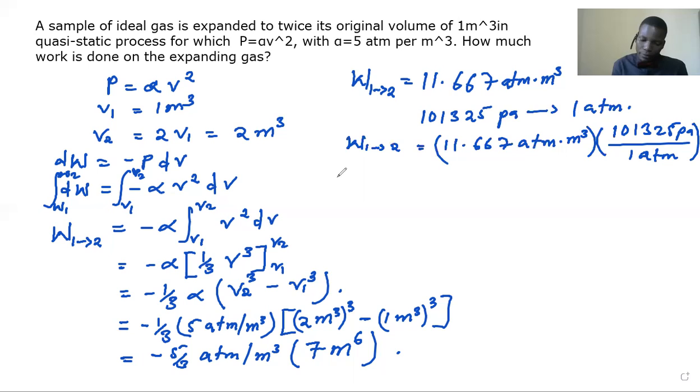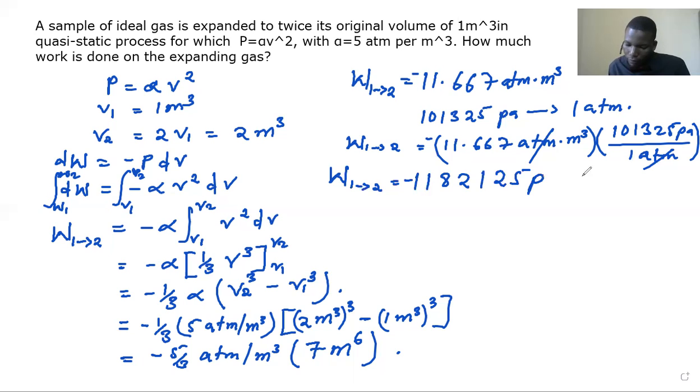Okay, so we get, sorry, there's a negative here. And this SI unit is giving us joules.